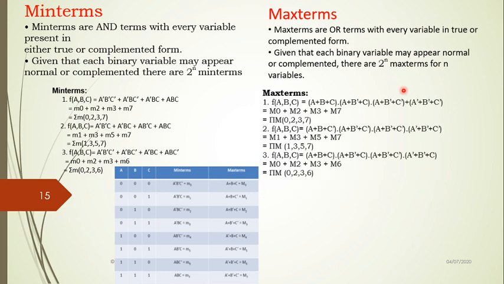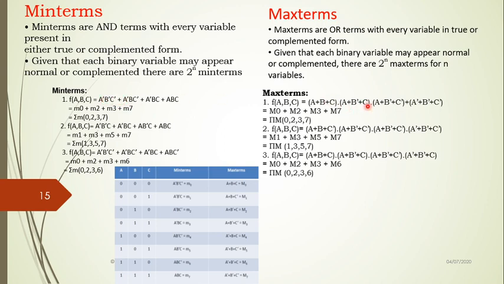So, let's see the difference now. Here for the min terms, the terms are ANDed, while for writing the max terms, the terms are ORed. So it is the product of sums, while this will be nothing but the sum of products.